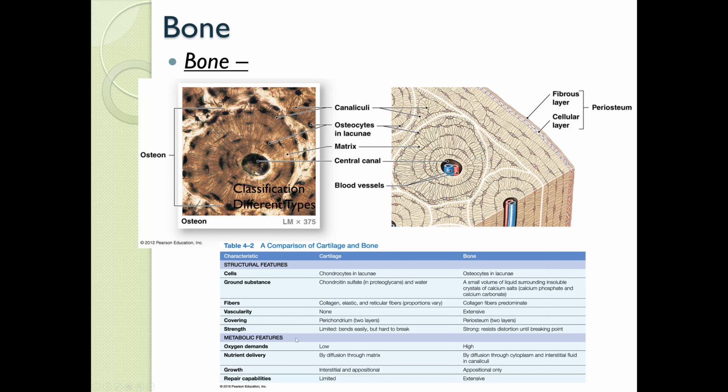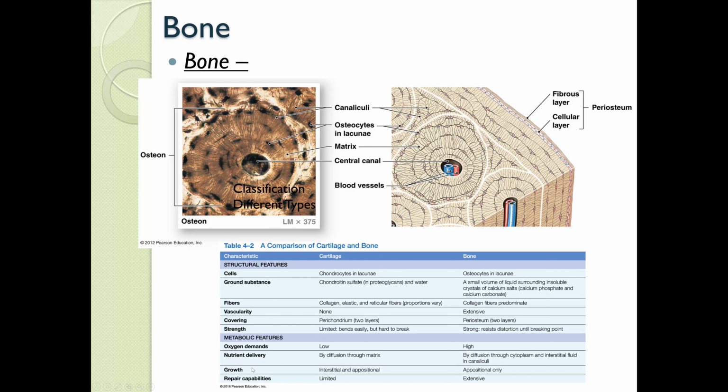So the nutrients to get to cartilage have to actually diffuse through the matrix, and that is why cartilage doesn't heal so well. And with bones, the nutrients come through the blood vessels, and then they diffuse through the cytoplasm and the interstitial fluid that you find in those little canals that are called canaliculi.